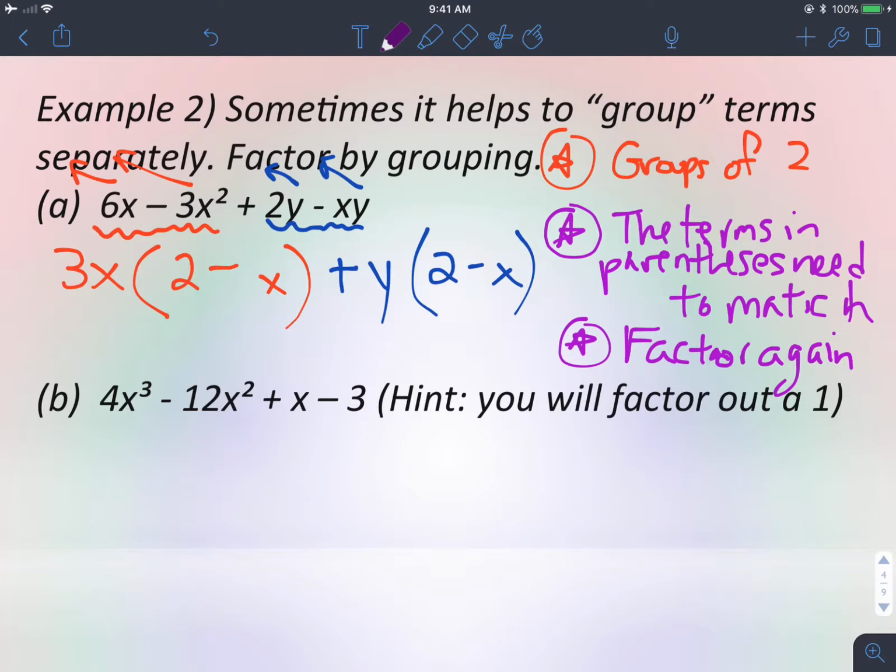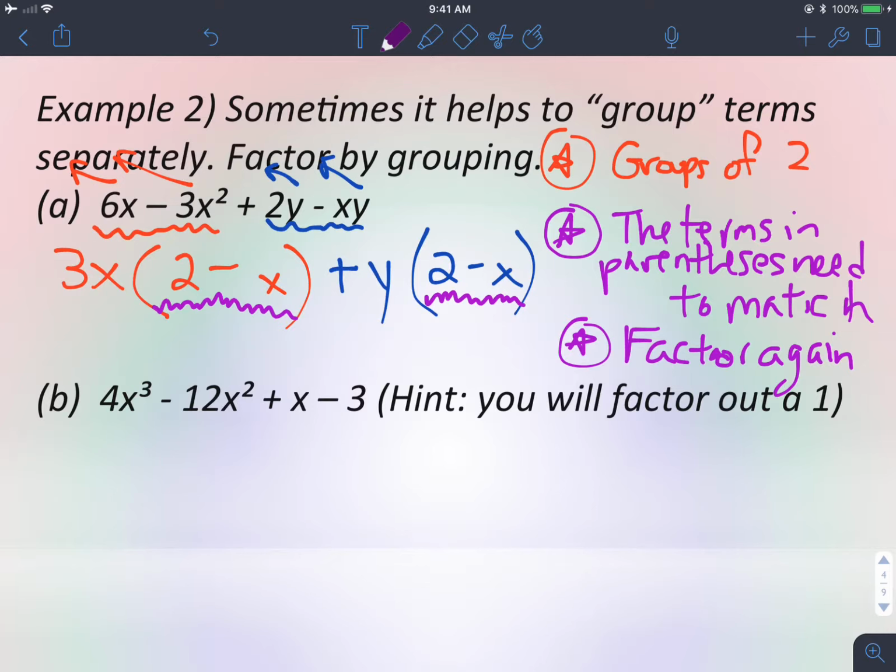All right, so now factor again. The reason why those things need to match up is now blue and red makes purple, right? Like art class. You're trying to put things together, like you have to factor twice. So factor the red part, factor the blue part, then you got to put them both together.